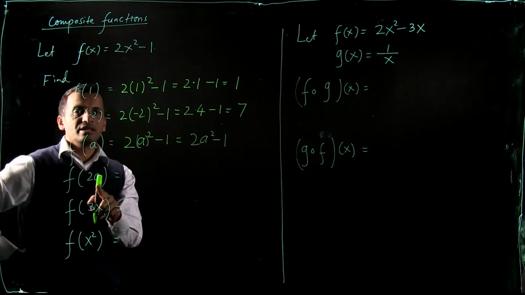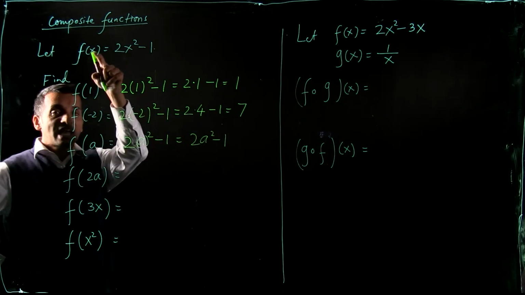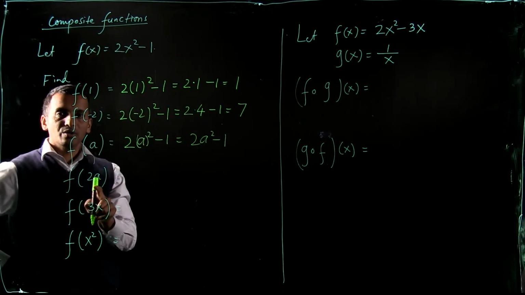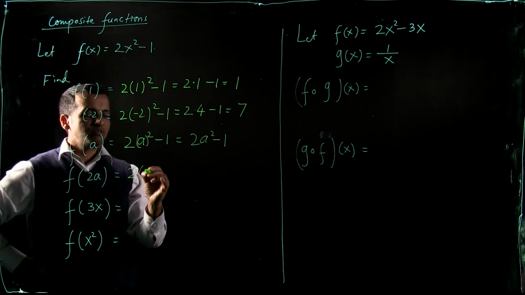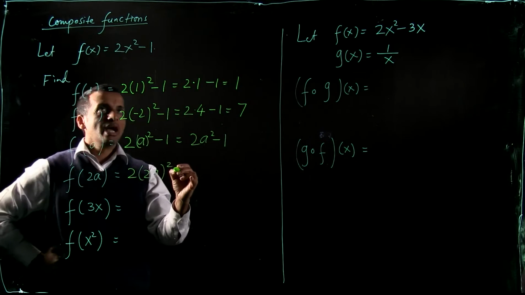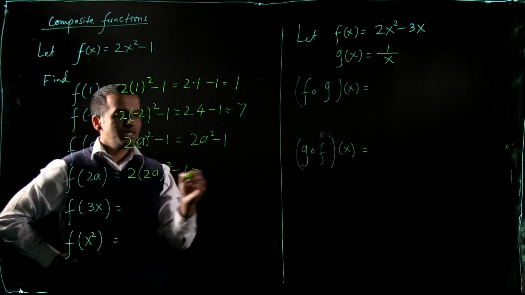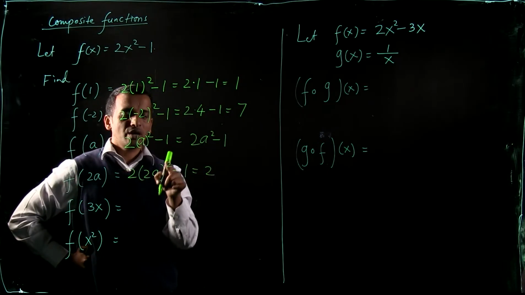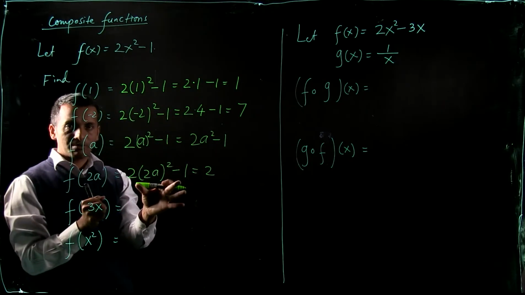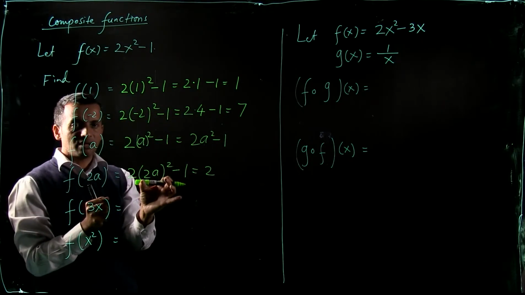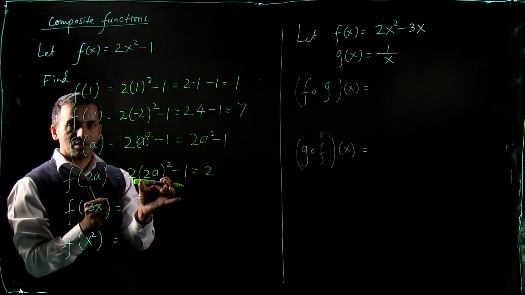How about f at 2a? You replace x by 2a. So you get 2 times 2a squared and then minus 1. What is 2a whole squared? Whenever you simplify this type of expression, you should first work with the parenthesis.